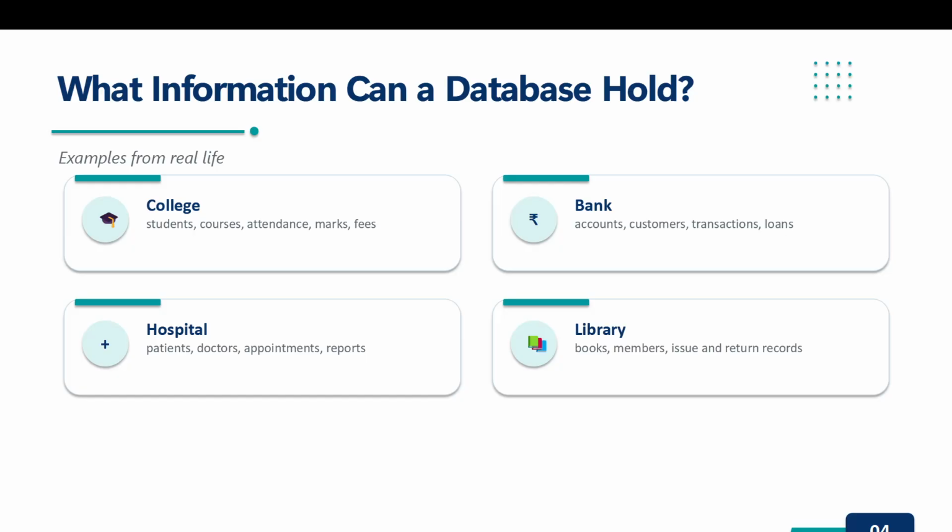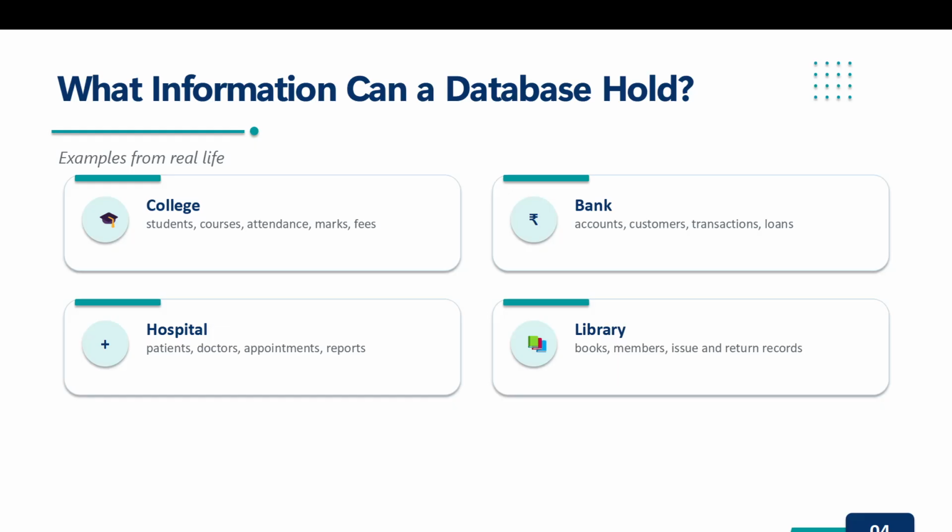Now, let us understand what type of information a database can hold. A database can store any information that is important for an organization. For example, in a college database, we can store student names, roll numbers, departments, subjects, marks, attendance, exam results, and fee details.